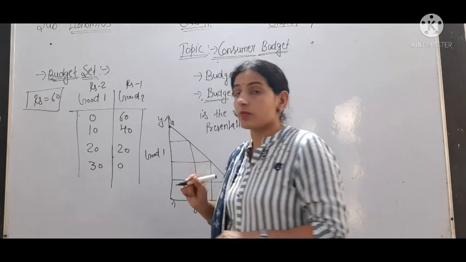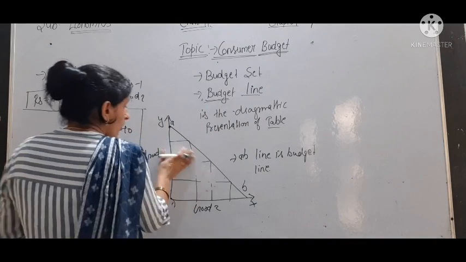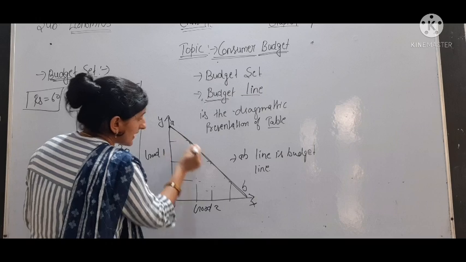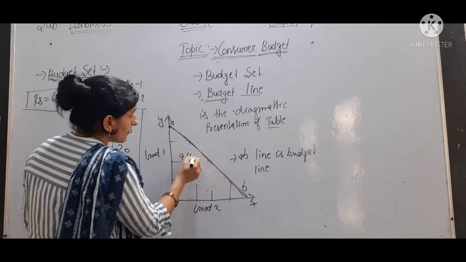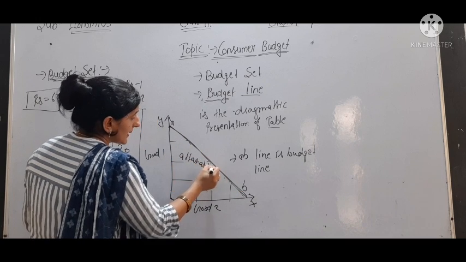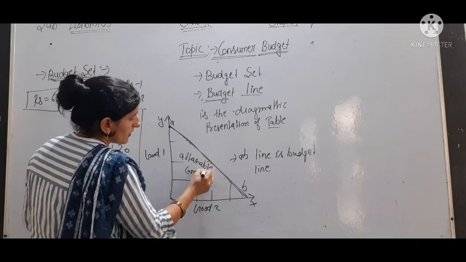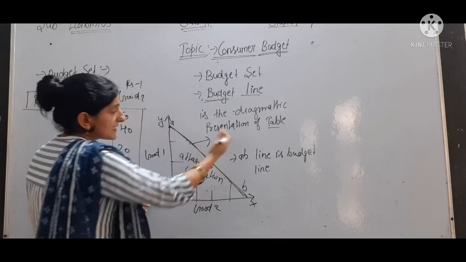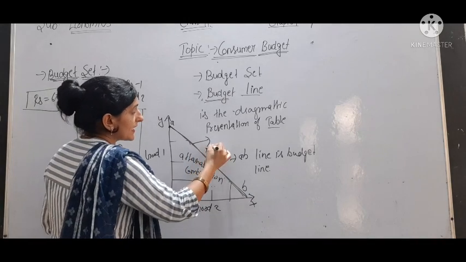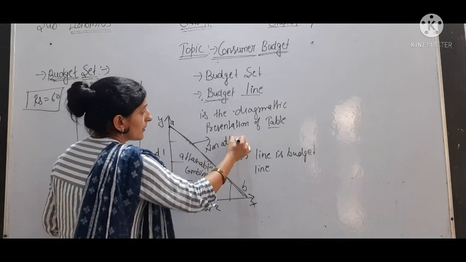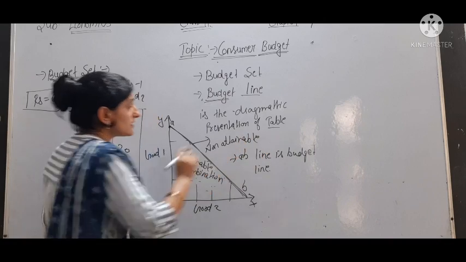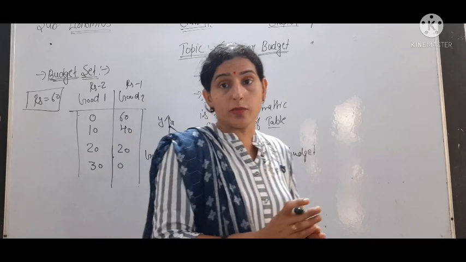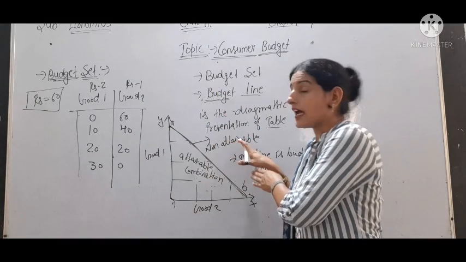So all the combinations within this budget line are called attainable combinations, and beyond this budget line they are called non-attainable combinations.